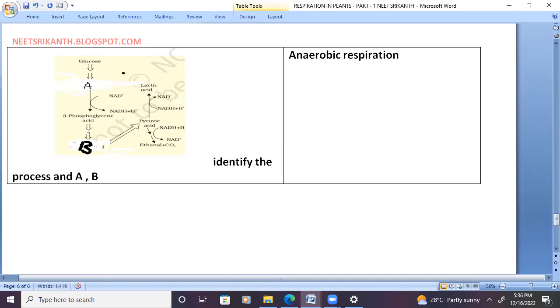In that, A is glyceraldehyde 3-phosphate. The B is phosphoenol pyruvic acid.